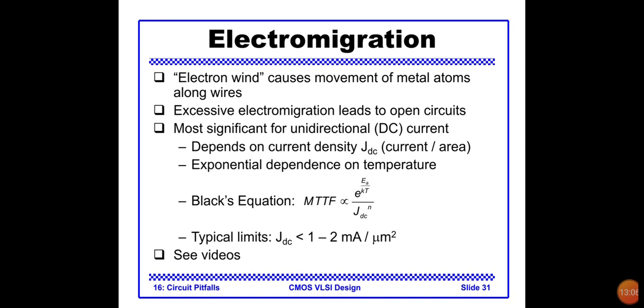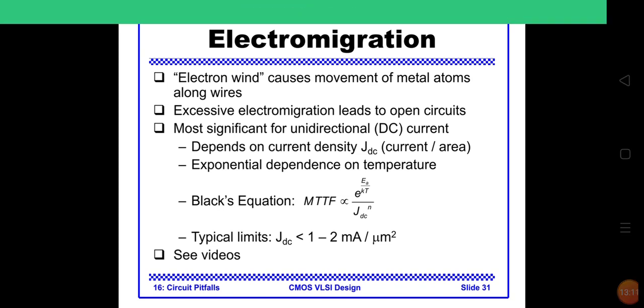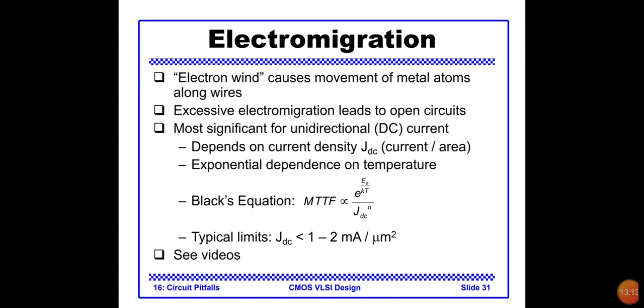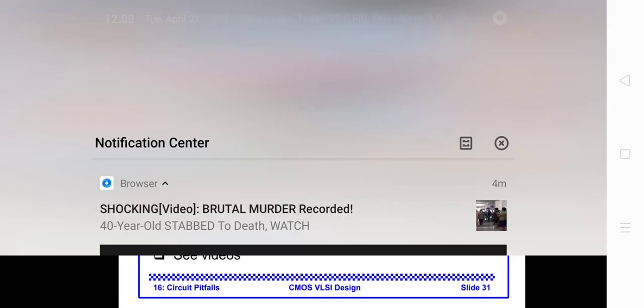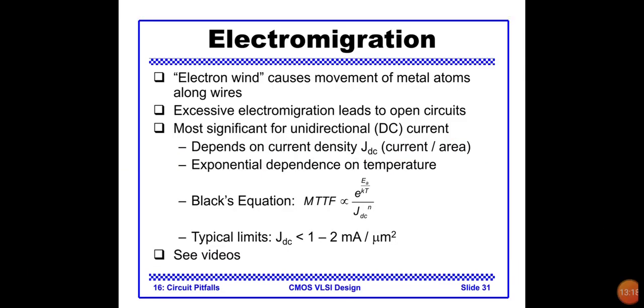Electromigration leads to open circuits, and is more significant for unidirectional current. The affected area depends on the current density J_DC. There is an exponential dependence on temperature, Black's equation: MTTF is proportional to e to the power Ea divided by kT, divided by J_DC to the power of n. Typical limits: J_DC less than 1 to 2 mA per square micrometer.